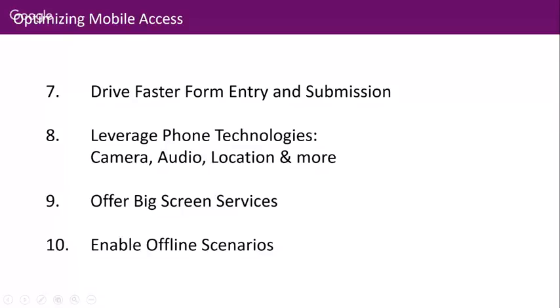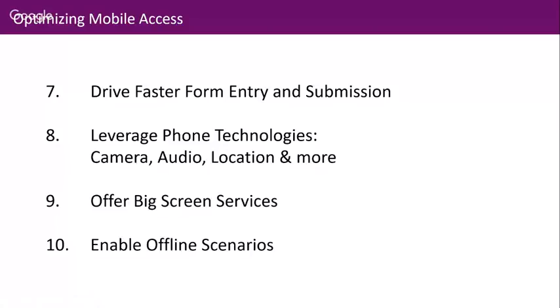Number 8, I want to talk about number 8, but I think you got this, so you know this already, but I said it because it matters. One thing that we could not do with InfoPath in the mobile scenario is leverage any of that mobile technology. The cameras on the phone, the ability to record on that phone, the location awareness of the phone. And there's more, right? You'll be surprised.